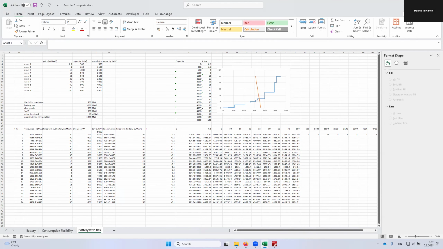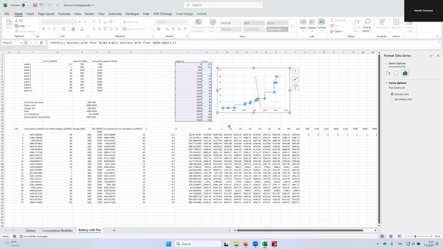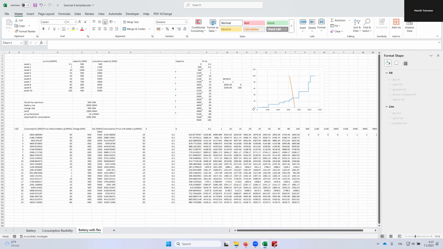Oh, yeah, by the way, in here, we're going to have to use this one. So now we have the battery effect in it. So the battery effect is going to be there. So now it looks better.